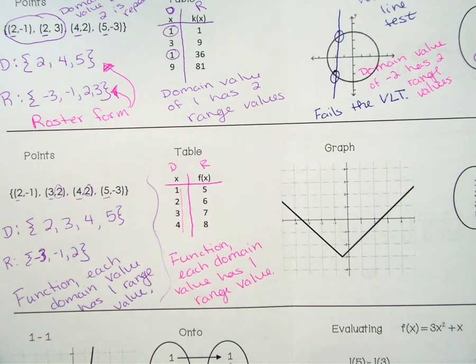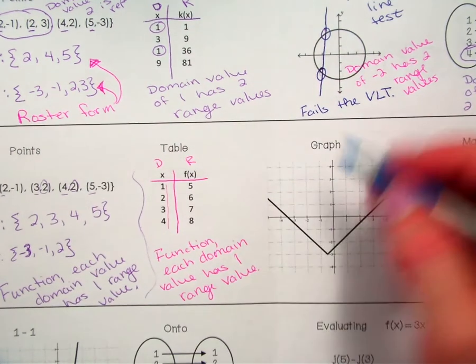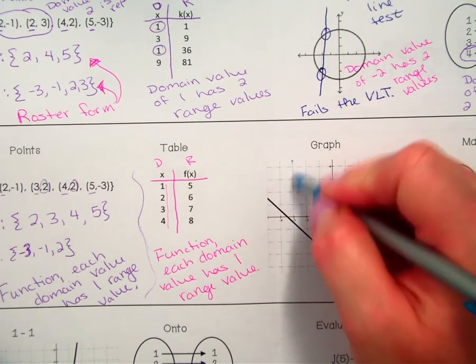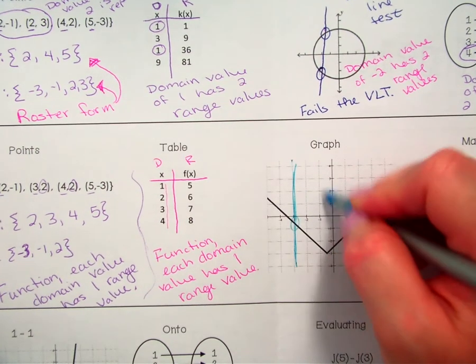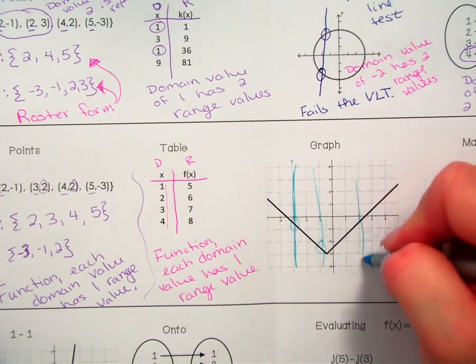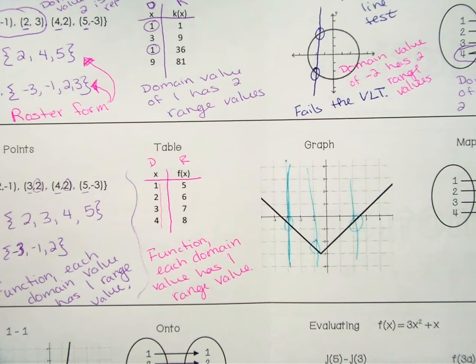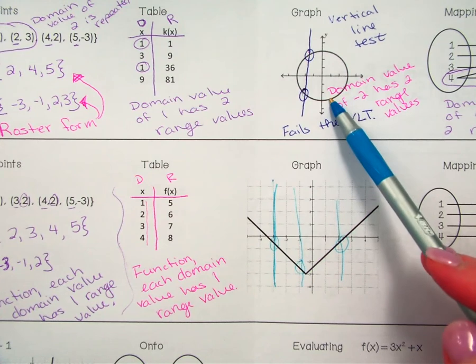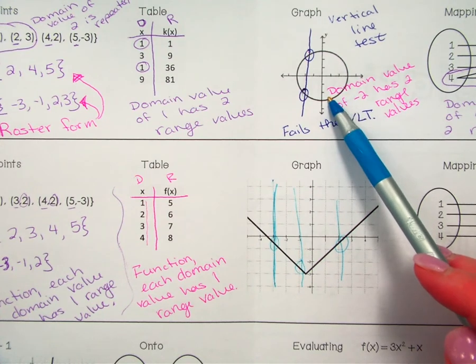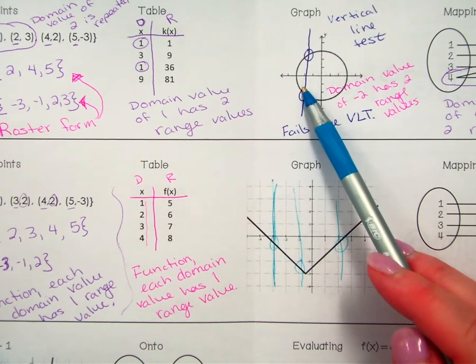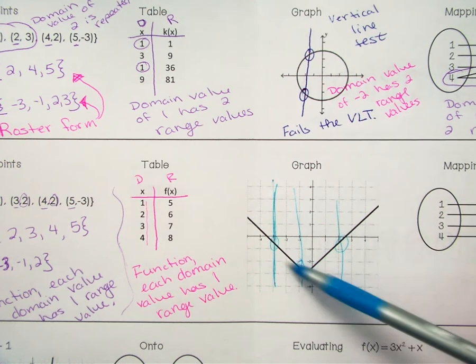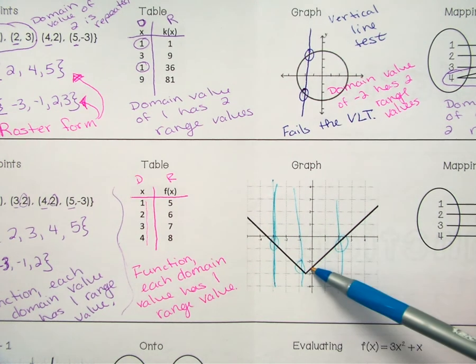So looking at our graph, again, I'm going to do my vertical line test. And it really doesn't matter where I draw my vertical line. It's still going to hit it once. I didn't draw my vertical line more than one time up here in my circle because I already found an instance where it failed. So I didn't need to keep trying to see if I could find one. I didn't find any instances here where this failed.